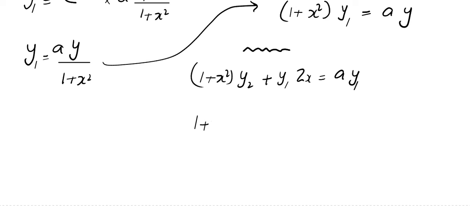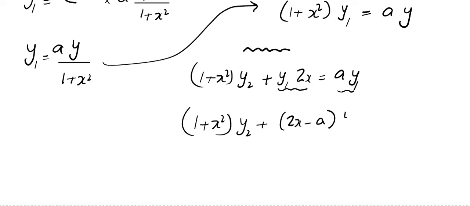And now what we do is we take all those quantities to the left hand side, and as you see y1 is common, so I'm going to skip that step. So I'll write 2x minus a into y1 is equal to 0. You can confirm it. That is what I wrote earlier over here. Now the second part.